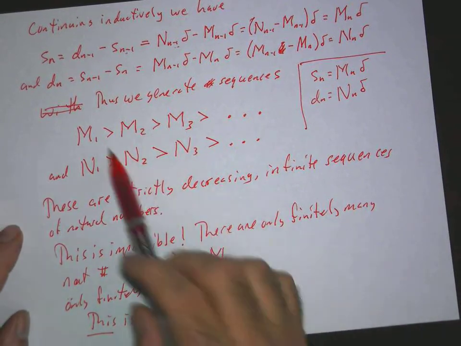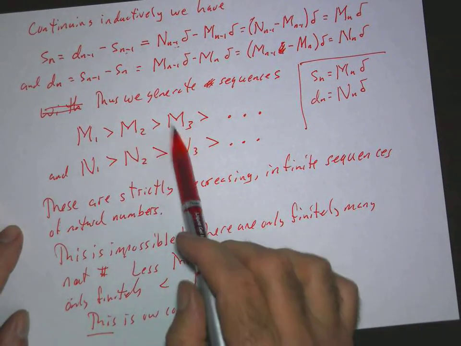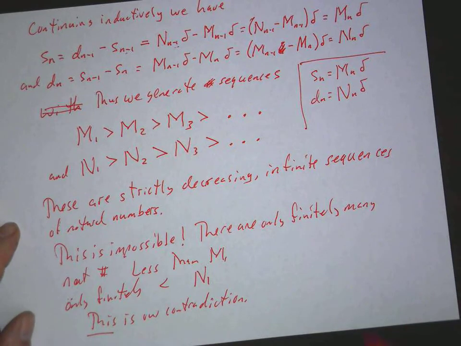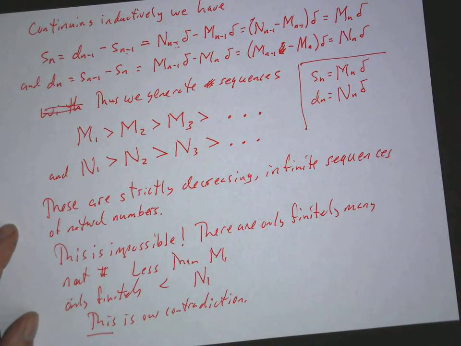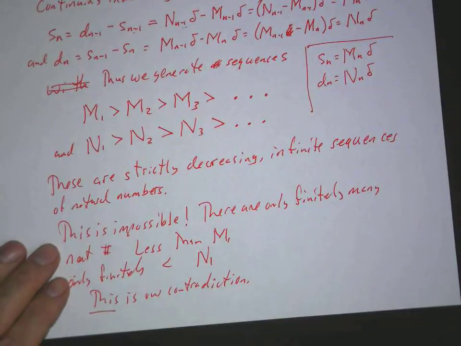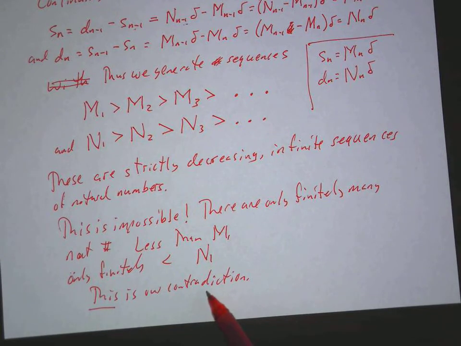And the same logic holds with this sequence of natural numbers also. There are only finitely many natural numbers less than M sub 1. There are only finitely many natural numbers less than capital N sub 1. This is the contradiction. This is the contradiction that we were after.